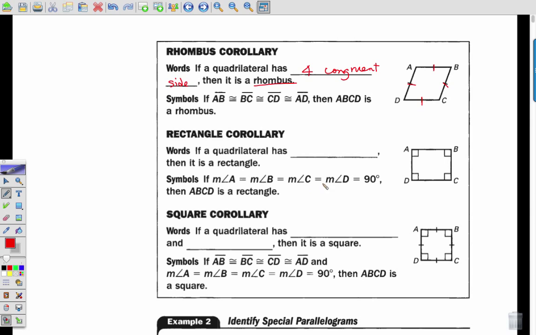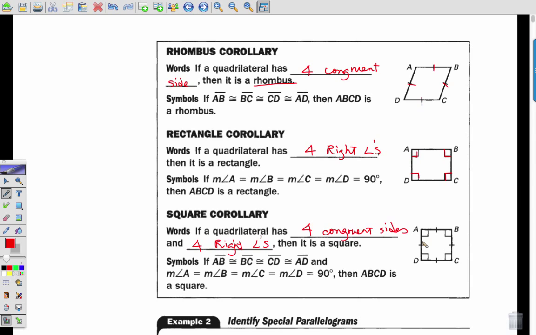Similarly, if a quadrilateral has four right angles, then I've got a rectangle here. And again, if a quadrilateral has four congruent sides and four right angles, like what it is here, then I've got a square here.